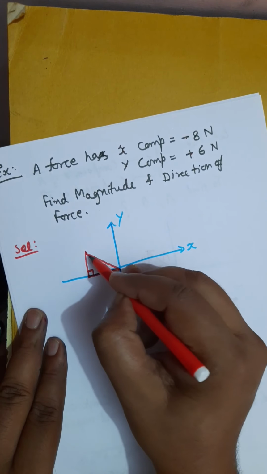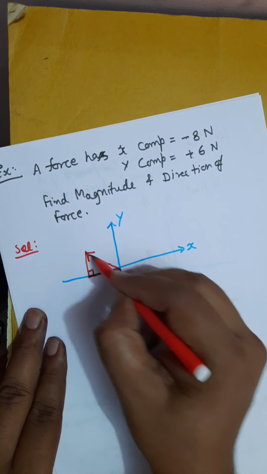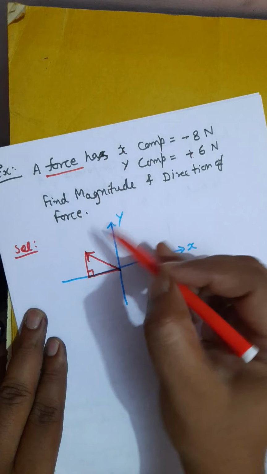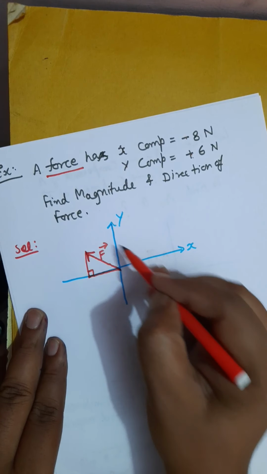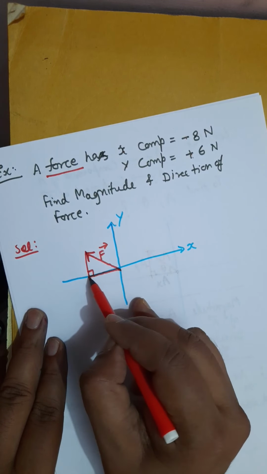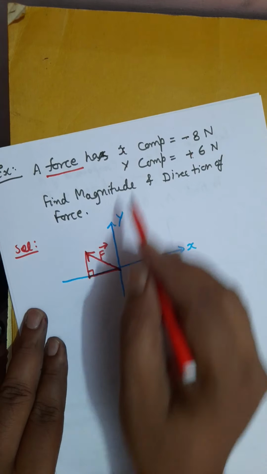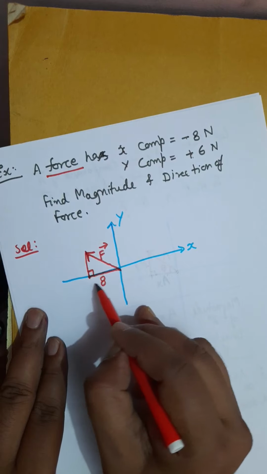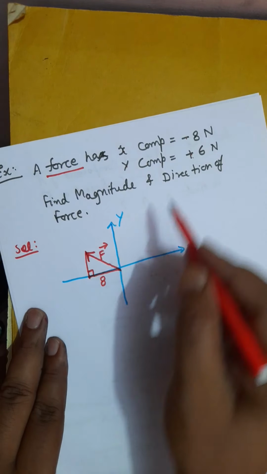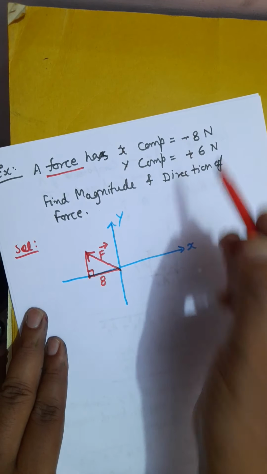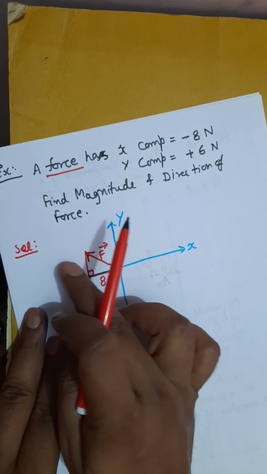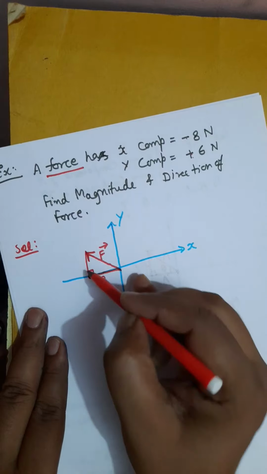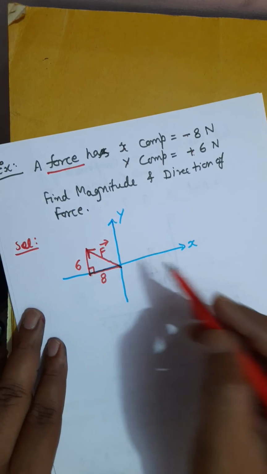And from the origin, the hypotenuse will always be your vector. So here the vector is a force. The side on the x-axis is our x component, and you will write 8. Do not write minus 8 because the minus sign is already used for drawing the triangle in the second quadrant. Now this is just the length value 8, and this value is 6.